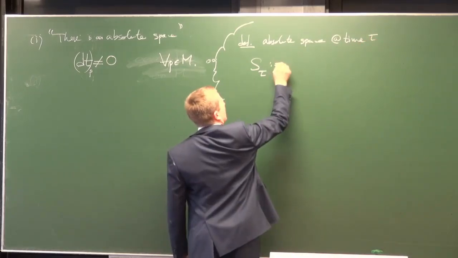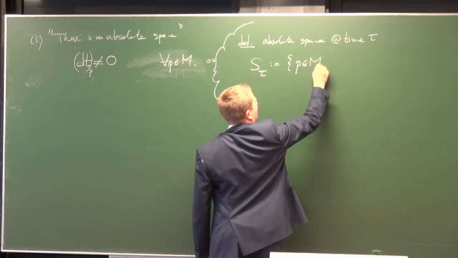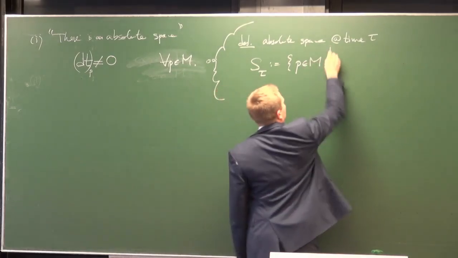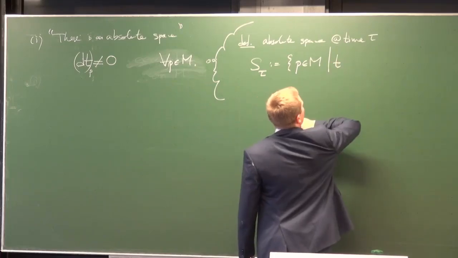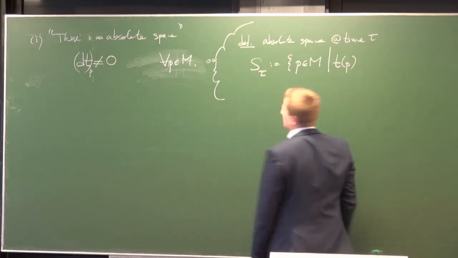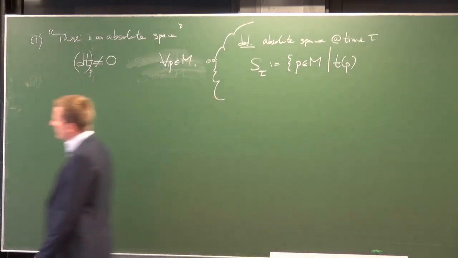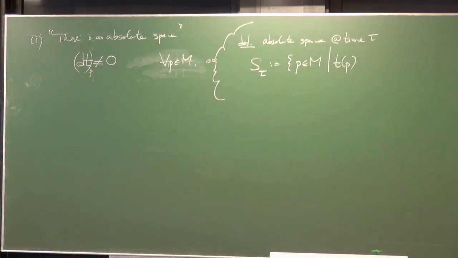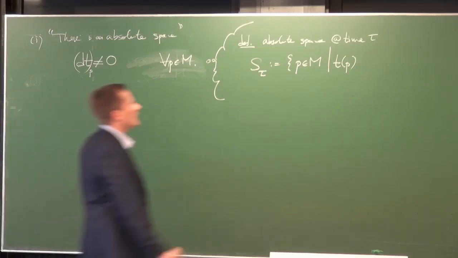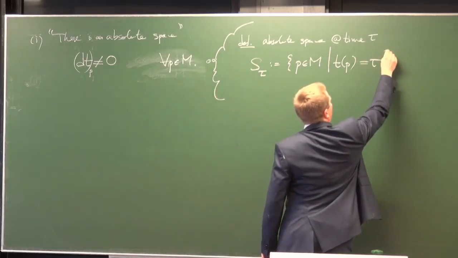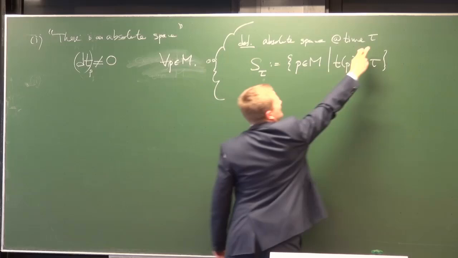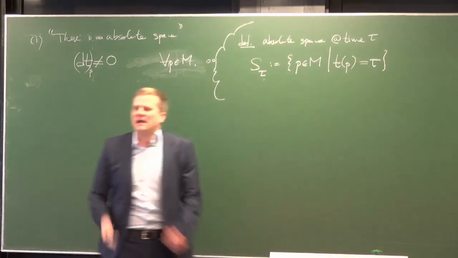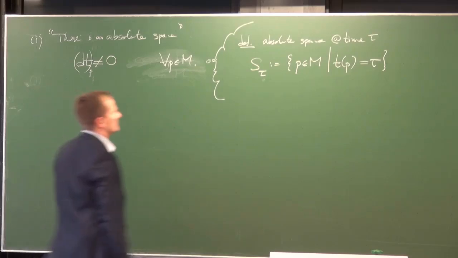Absolute space at time tau is the set of all the points of the four-dimensional manifold that satisfy the condition that t of the point, well, if t is a smooth function on the manifold, then every point can be assigned a t of p. Every point of the manifold, every event in space-time is given a time, a universal clock time, okay? And the absolute space at time tau is the collection of all the points that have the time label tau, as this says.